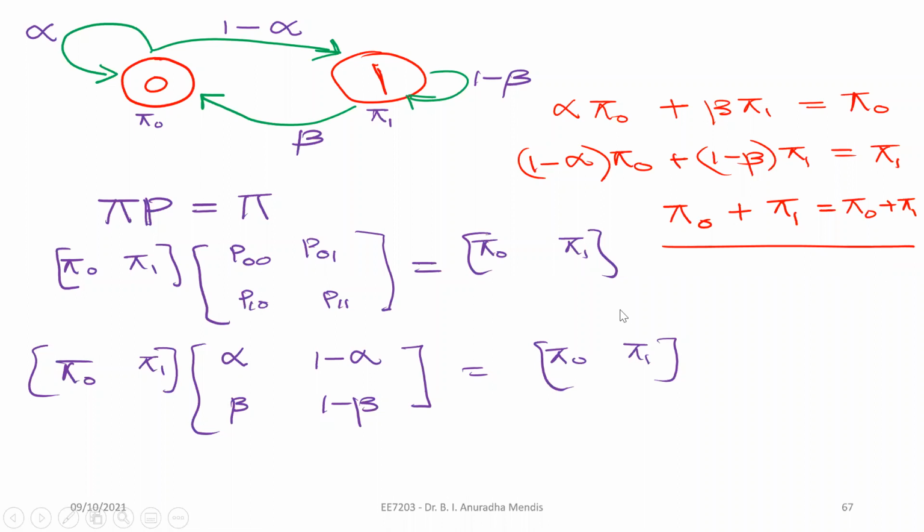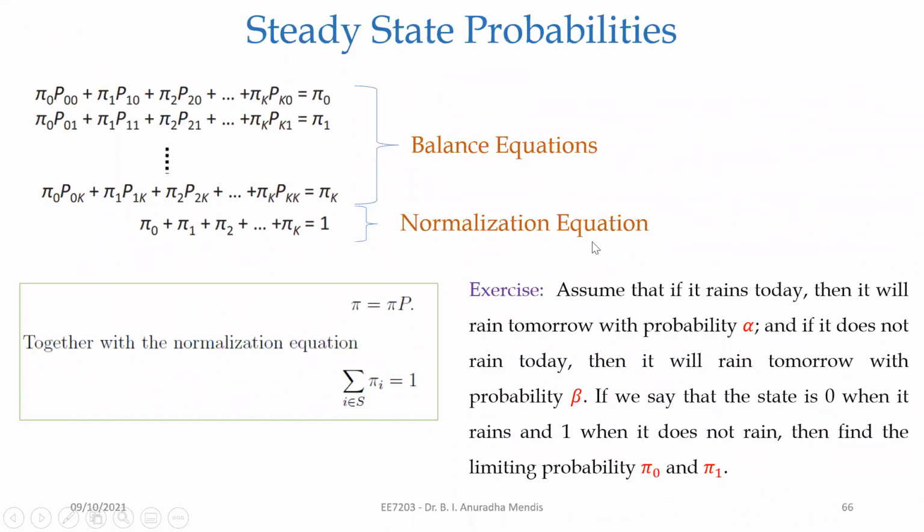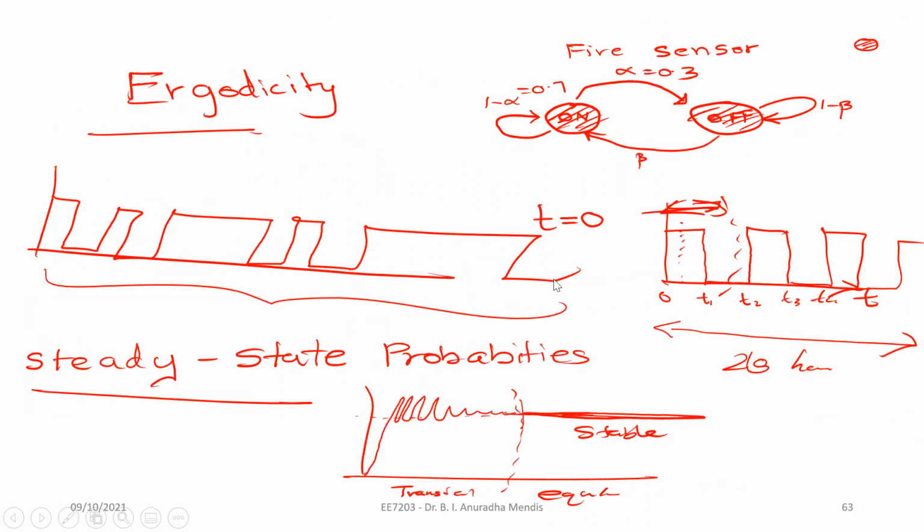What is that equation? We call it the normalization equation. The normalization equation says that all the state probabilities should sum to 1. That means phi naught plus phi 1 plus phi 2. That is very obvious, no? If you are in a particular system, the state probabilities should sum to 1. You can be in one state with 0.5 probability, and then the other should be 0.5.